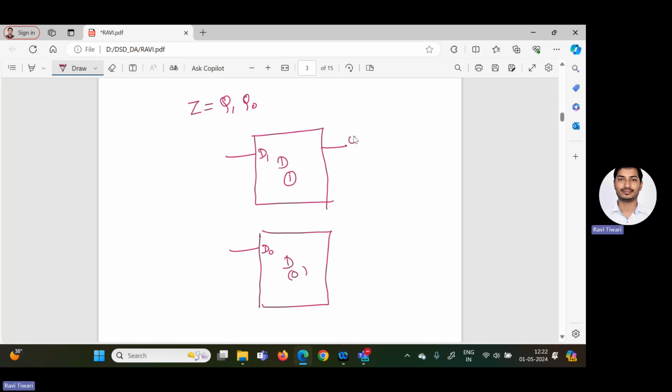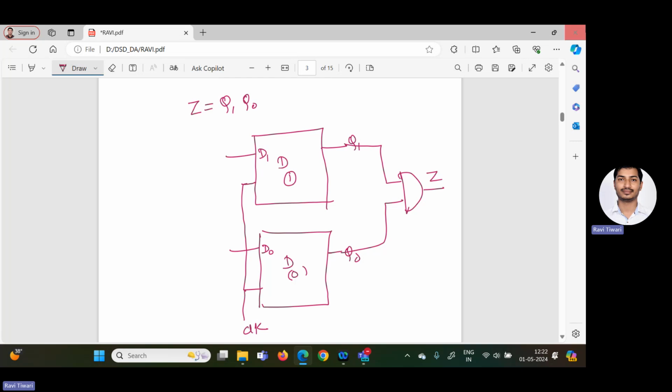And from here you will get Q1, this is Q0, and the Z expression is AND operation between Q1 and Q0, and that will be Z. And as this is a synchronous circuit, we have to provide the same clock to all the flip-flops. So this is the clock.